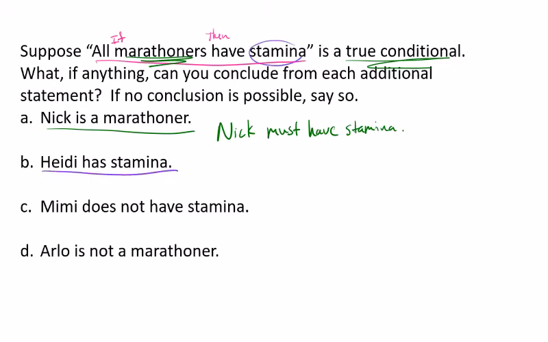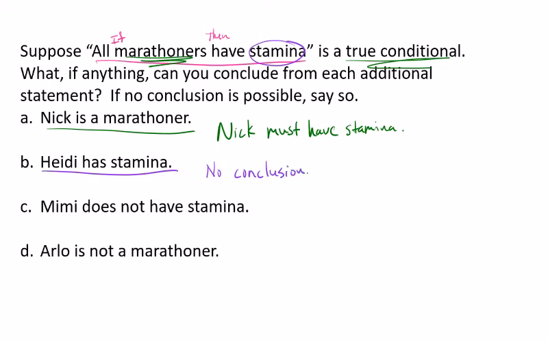So part B, Heidi has stamina. So the conclusion is true, but does that mean that the hypothesis is true? Not necessarily. And so this, we can't conclude anything. So no conclusion. Okay.